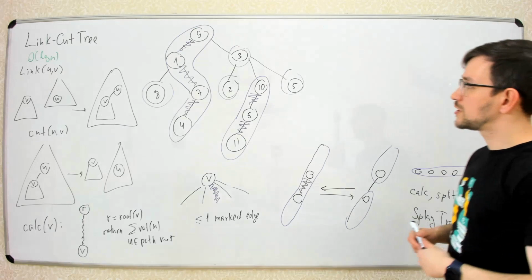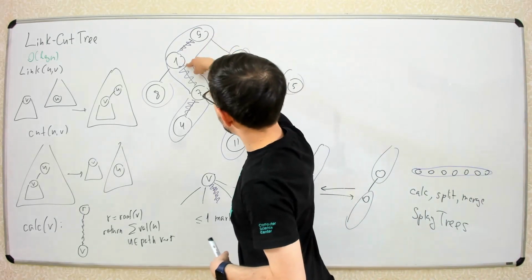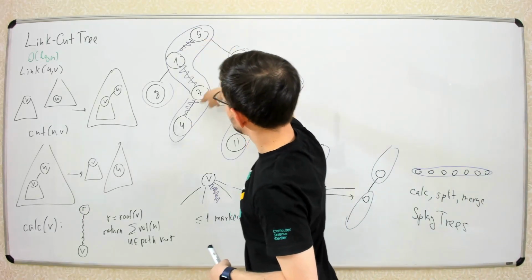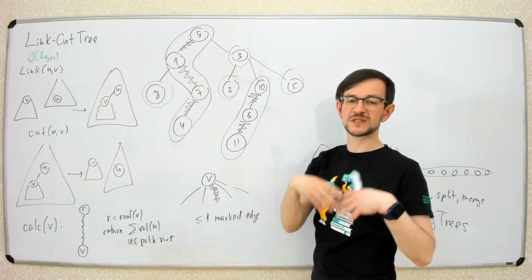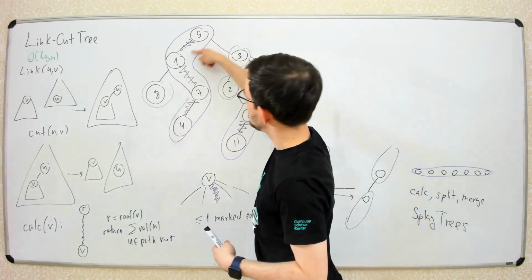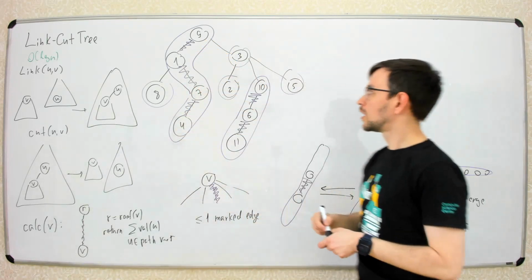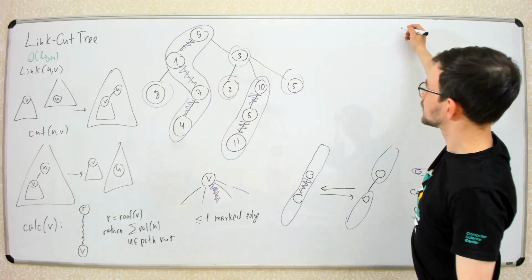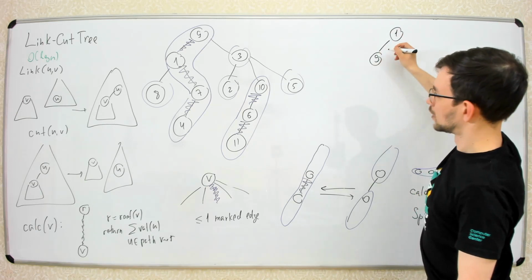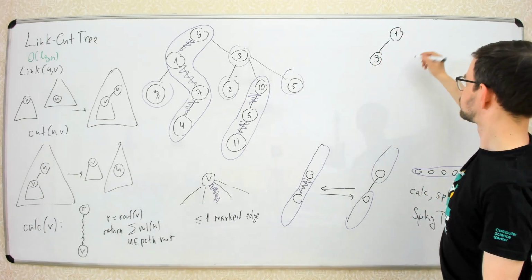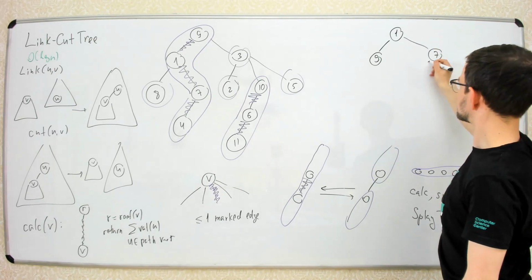For example, let's build a decomposition for this tree. Here we have this path of 4 nodes. So we need to have a splay tree which contains these 4 nodes in this order. For example, we may have something like that. Let's have 1, 9, 4 and 7.